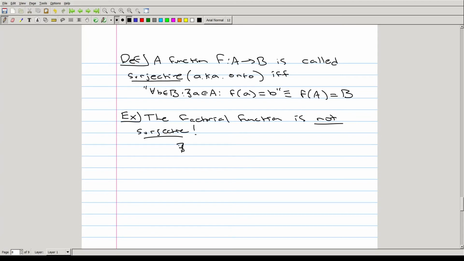Specifically, there does not exist an integer n such that n factorial is equal to 0 or n factorial is equal to 3 or so on and so forth. There are many integers that we cannot find. There exist no values such that the factorial function of that value is equal to the integer that we're considering.